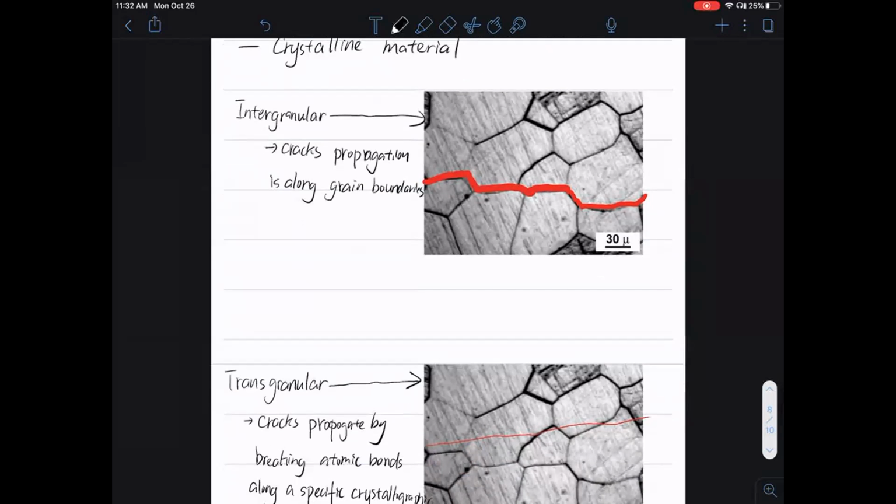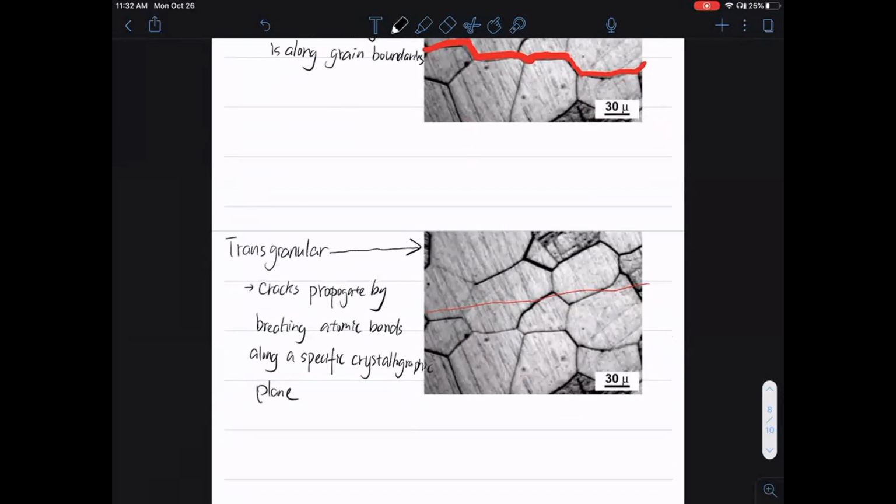And that could be a very good true and false or multiple choice problem. Same deal here. If the crack passes through the grains, that's called transgranular fracture.